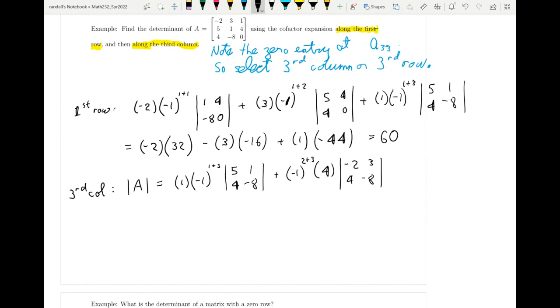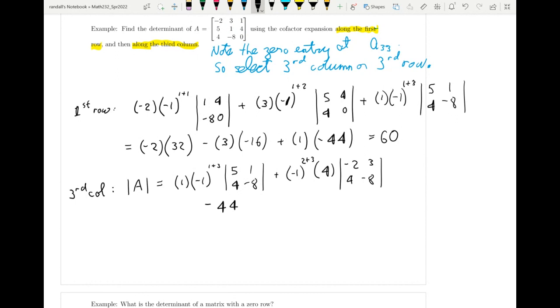So I get, there's a -1, sorry, the -1 factor comes out to be 1 because it's power 4. So it's just 1 times this determinant, which is -44. I've done that before. And now I get a negative sign here coming from the -1 to the power 5.